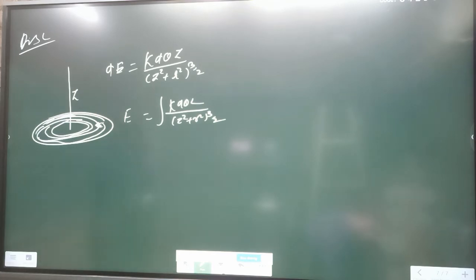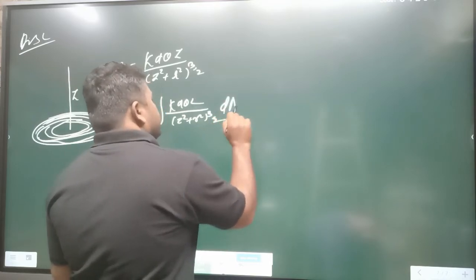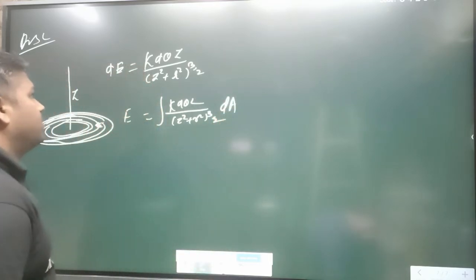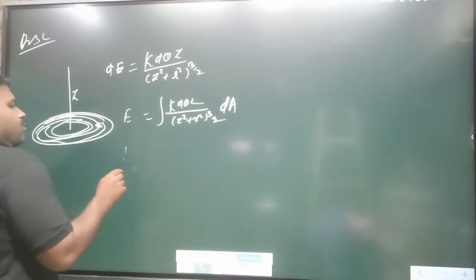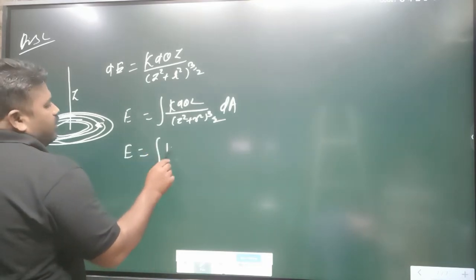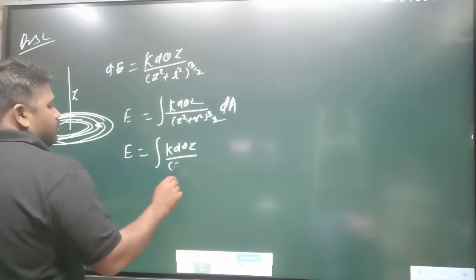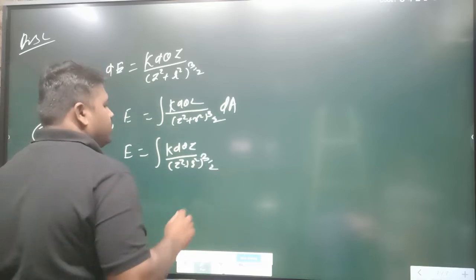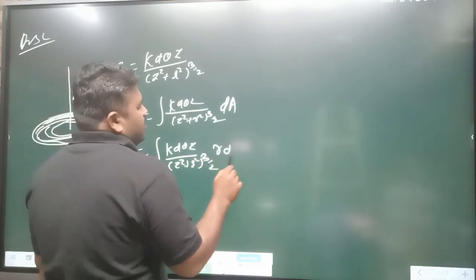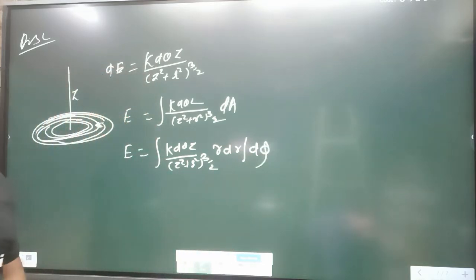The system is 1D, 2D, 3D? 2D. Into dA. Okay, what is the value of dA? dA is r dr into integration d phi.